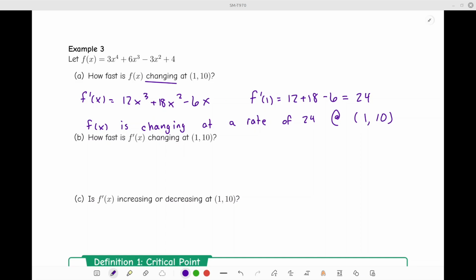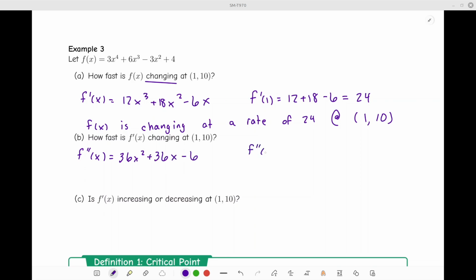Now, how fast is the first derivative changing? Well, just like how the first derivative tells us the rate of change for the original function, the second derivative tells us the concavity of the original function, but it also tells us the rate of change for the first derivative. So I'm going to find the second derivative now. We get 36x squared plus 36x minus 6.